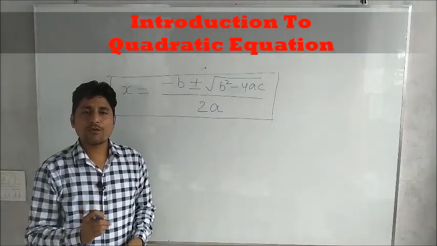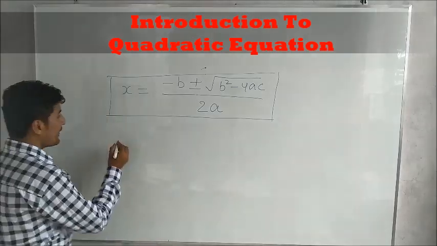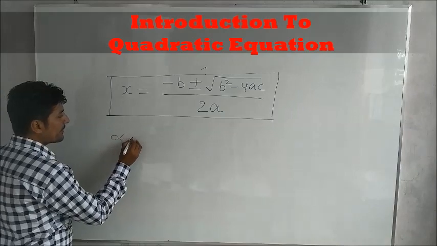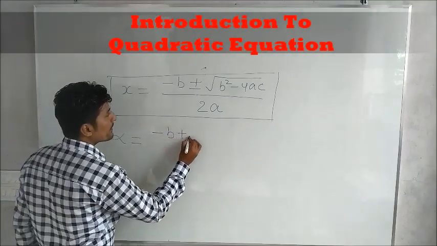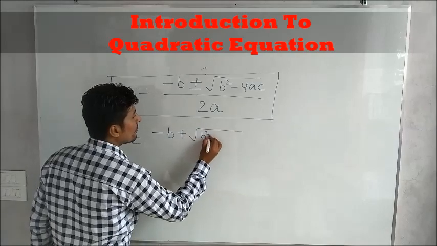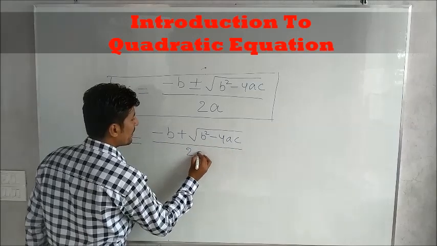As we know, every quadratic equation has two roots. So let us see, the very first root can be represented with alpha. Alpha equals to minus b plus under root b square minus 4ac upon 2a.